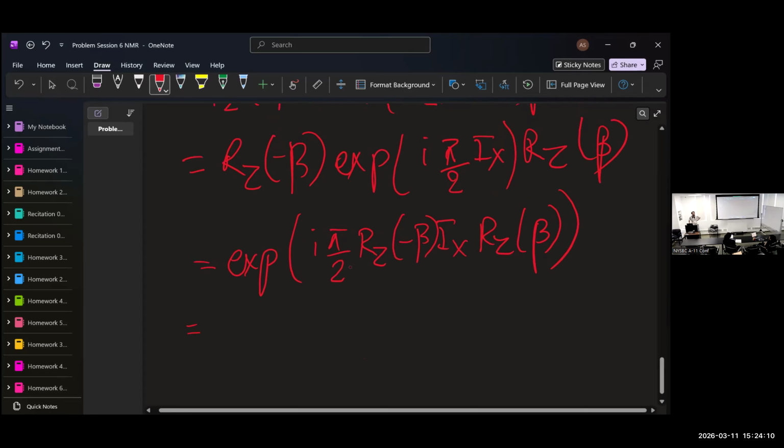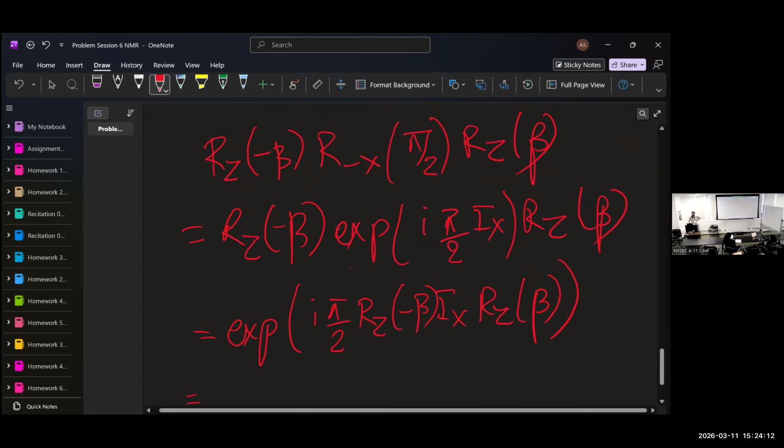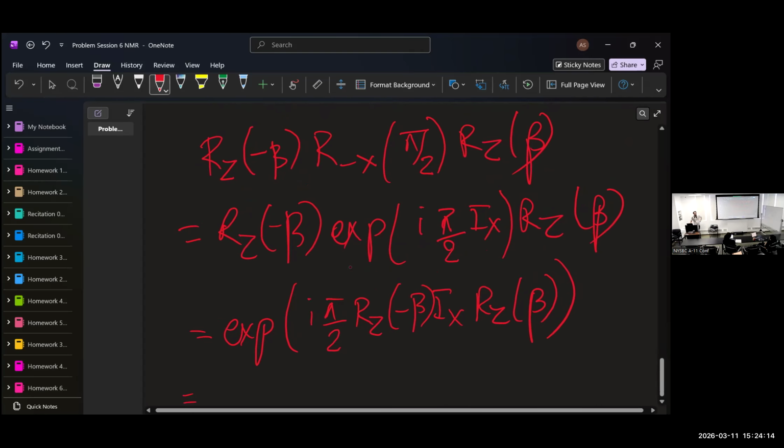Follow what's going on here? I'm trying to arrive at the same expression for the phase of the resulting pulse using just operator algebra.